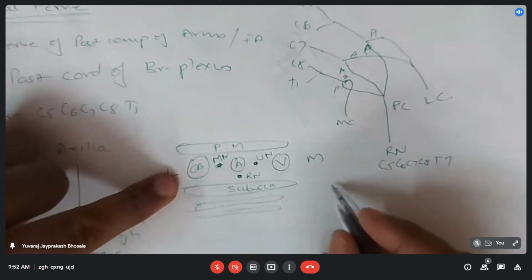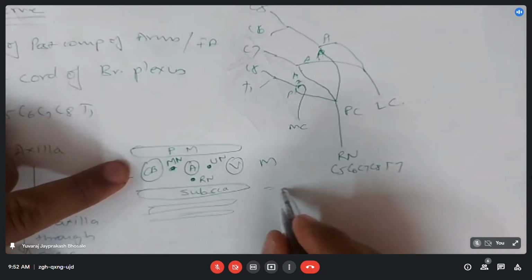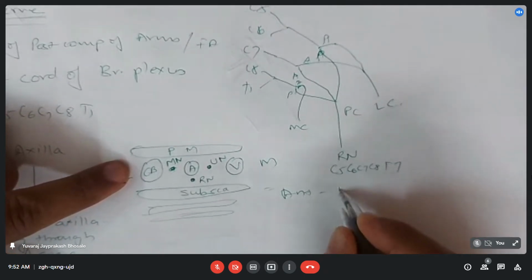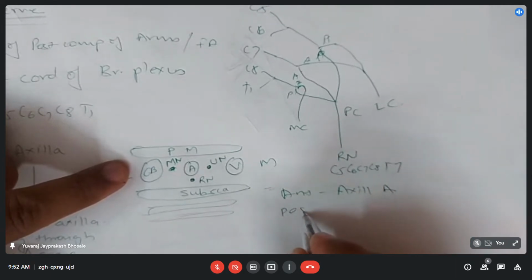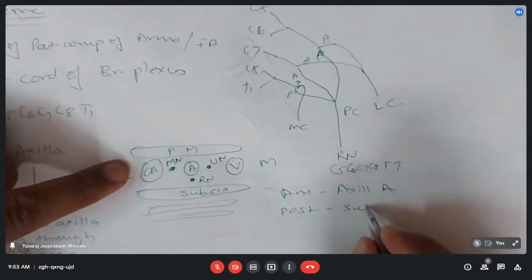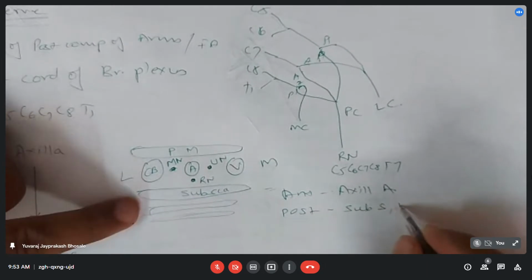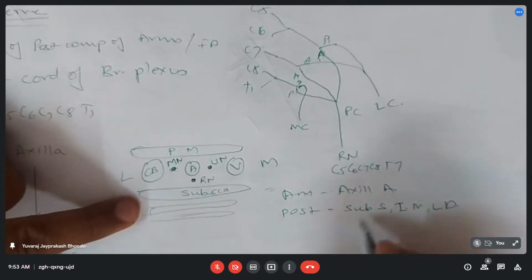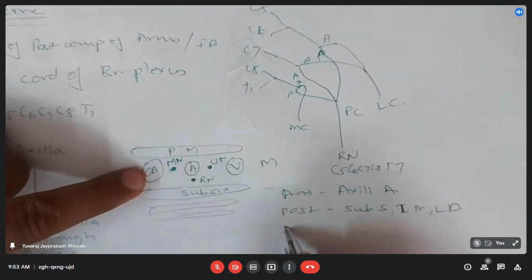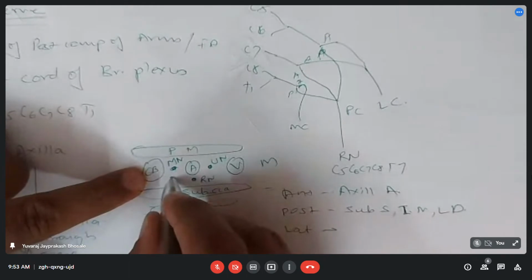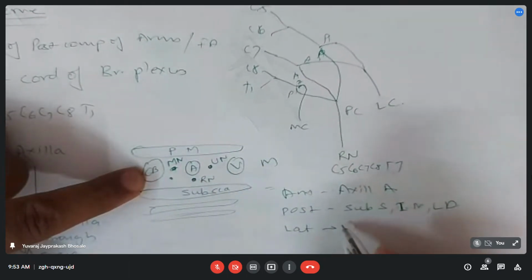So what are the relations? Anteriorly is the axillary artery. Posteriorly is subscapularis, teres major and latissimus dorsi. Laterally, here will be the axillary nerve also.